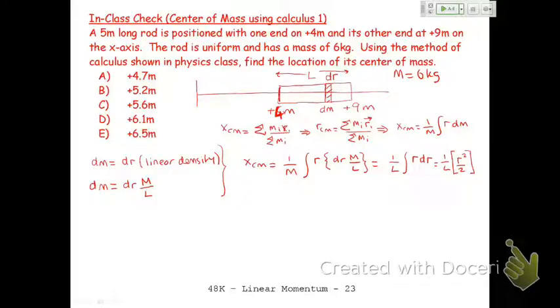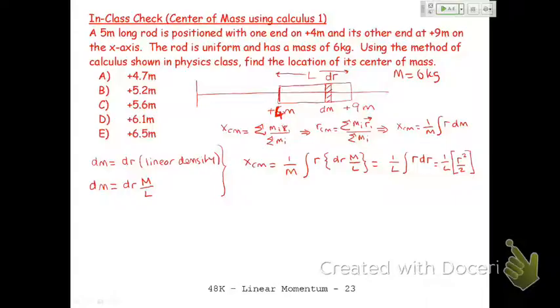We basically write down our expression. I reminded myself what it was: 1 over m, integral of r dm. I don't know how to do that kind of integral, so I need to change my dm into a dr. So dm equals dr, the little slice width, times the linear density. So dm is equal to dr times the total mass over the total length of the rod.